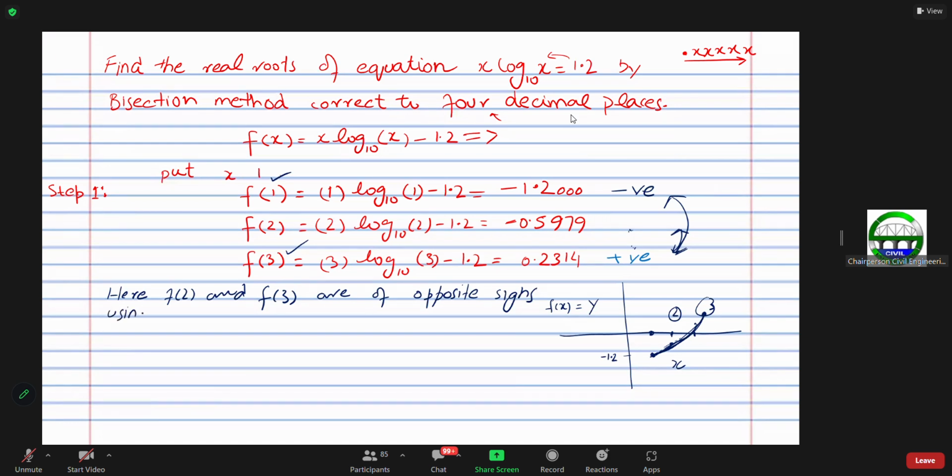Using the bisection method, the root lies between 2 and 3, right? So in step 2, this will be your first approximation.